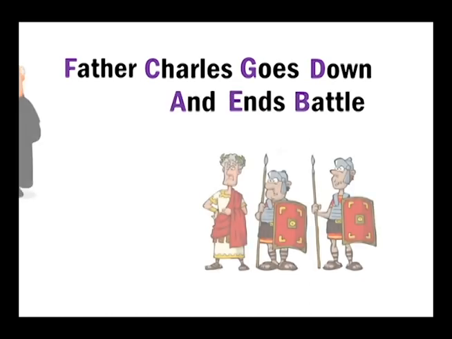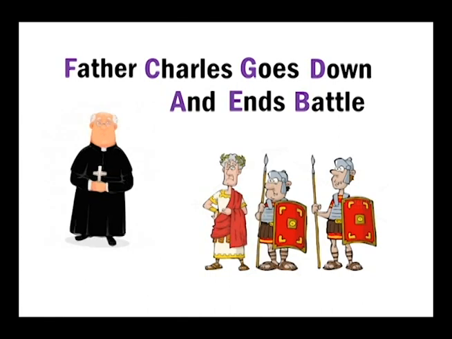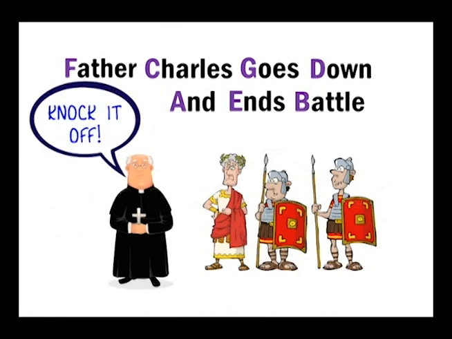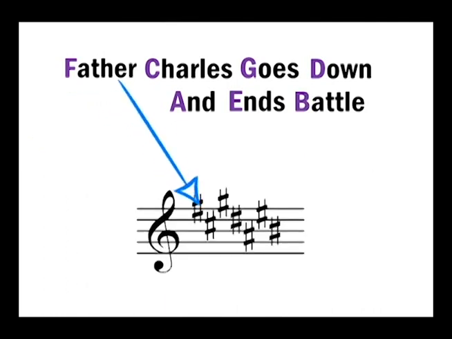The phrase I want you to remember here is Father Charles goes down and ends battle. So we can see that this directly corresponds to the order of sharps. And it's especially convenient in that it's the same phrase recited backwards.